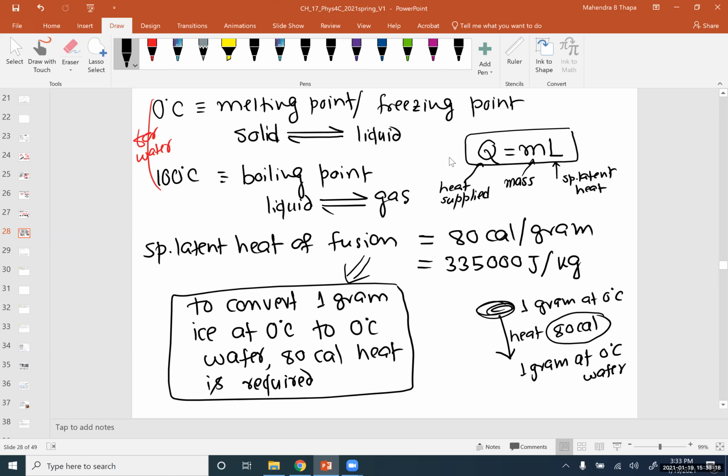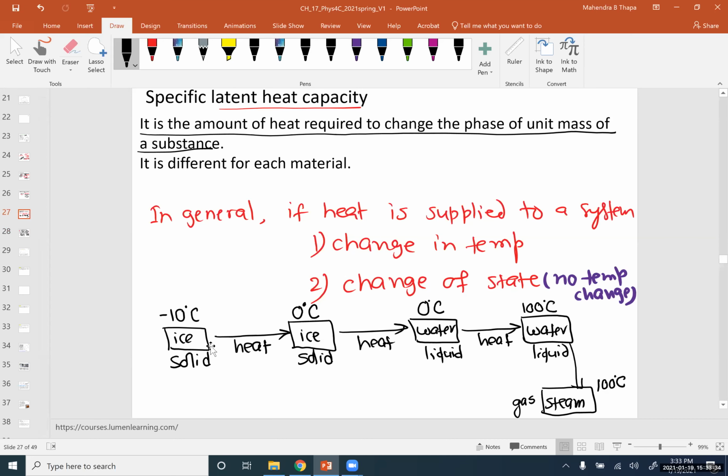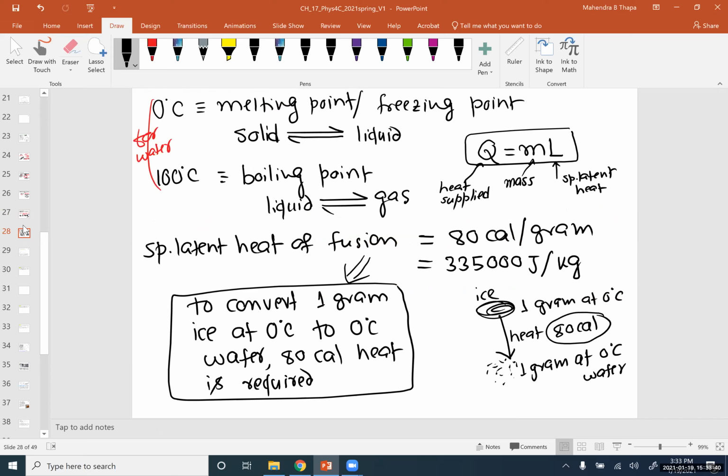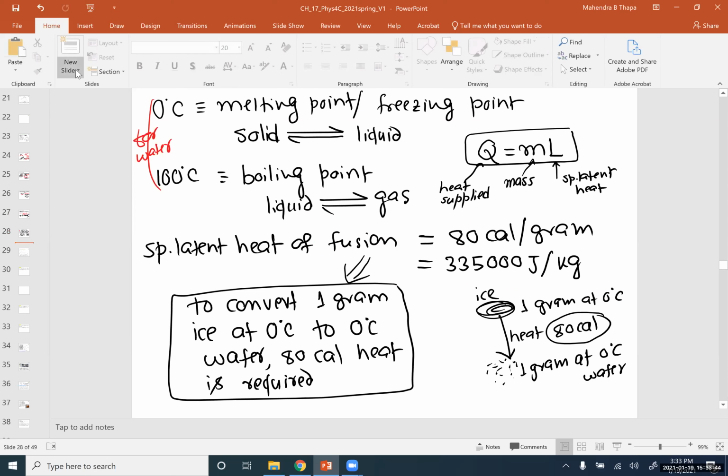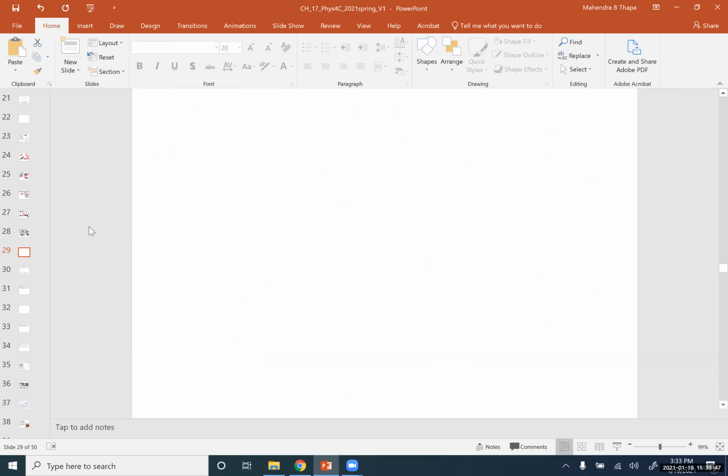So the ice melted. This is about the melting point. Let's go to the case of boiling, because we are mainly interested where change of state happens but not change of temperature. So let's go to the change of state scenario.